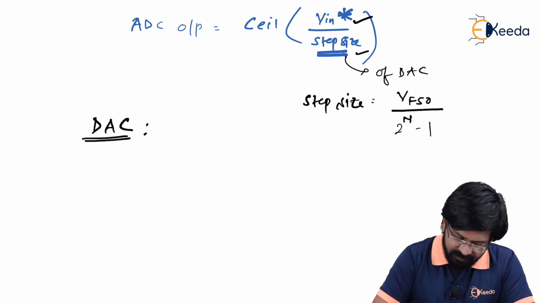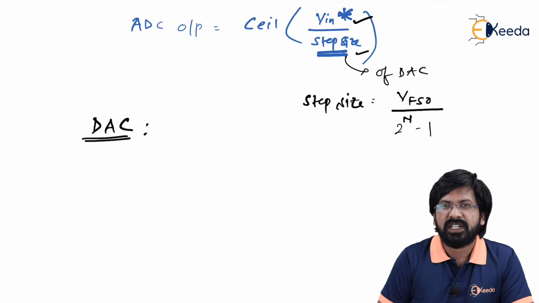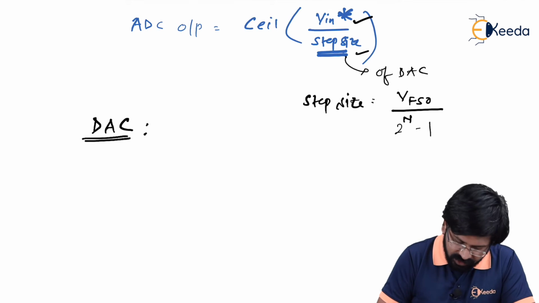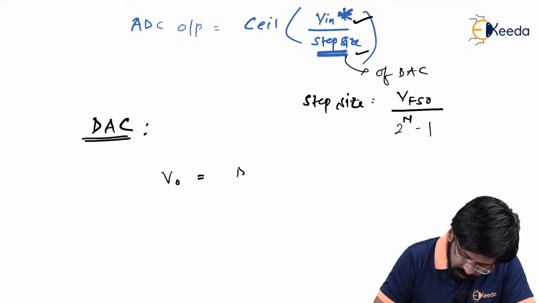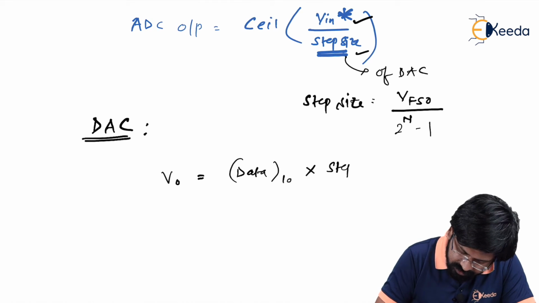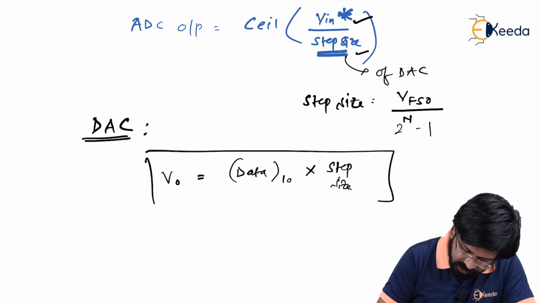DAC is a device which takes digital data as input and gives voltage as output. So output voltage is equal to input data to the base 10 multiplied by step size. This is the formula of the DAC.